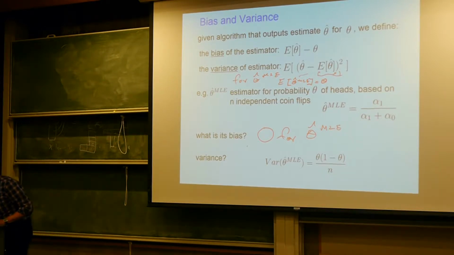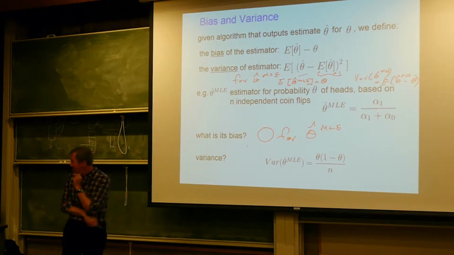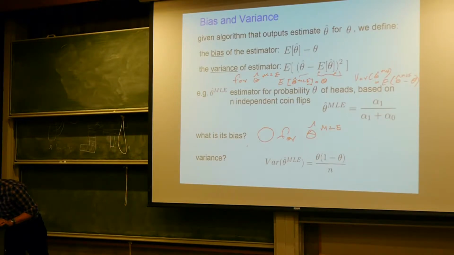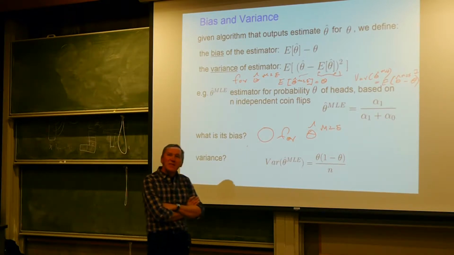And so then the variance for theta MLE just becomes the expected difference between its outcome on any given example and its expected value, which we just agreed is theta, squared. Okay? So that's the definition of bias and variance.